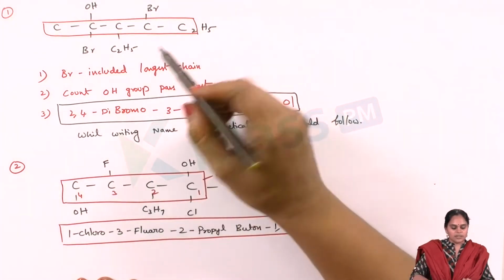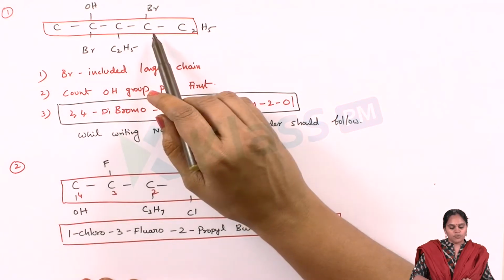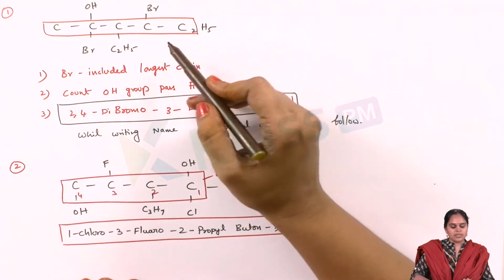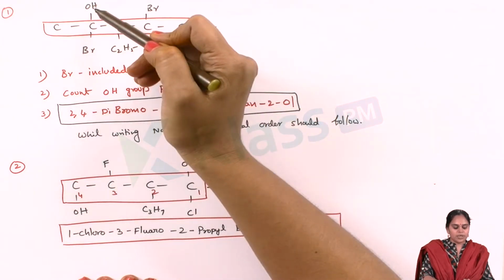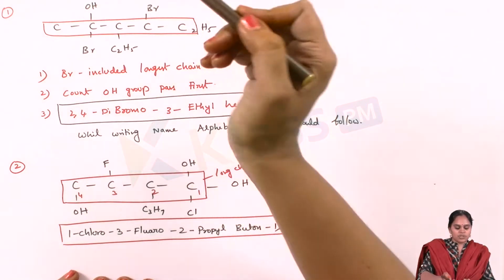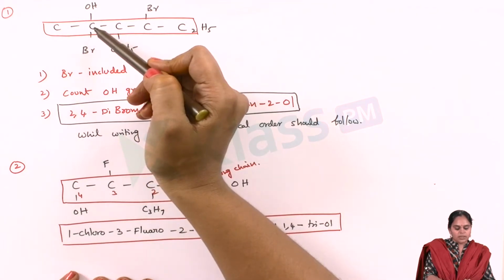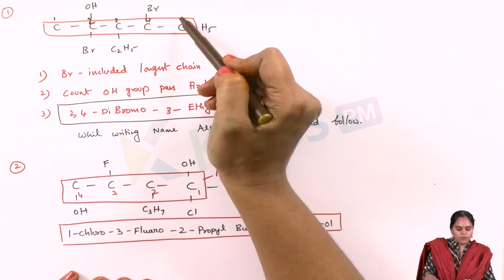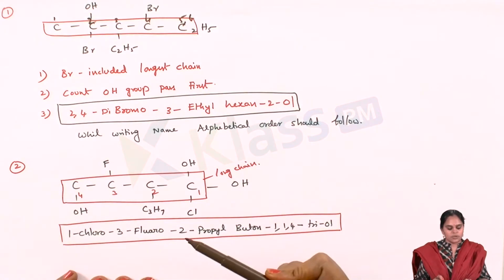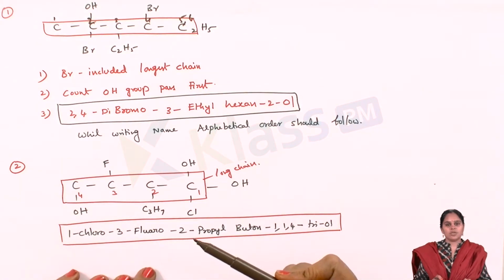See here another example. 1, 2, 3, 4, 5, 6. 6 carbon chain. In that 6 carbon chain, the OH group we need to give first priority. So you have to start from left to right. 1, 2, 3, 4, 5, 6. So 6 is there. 6 means hexa.